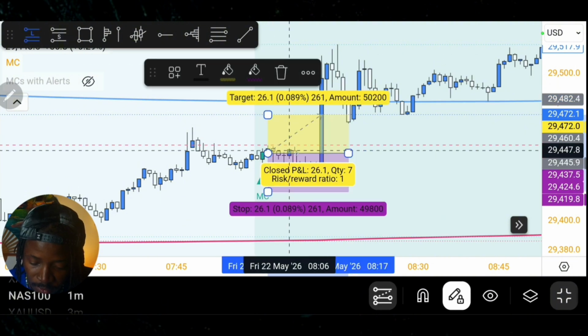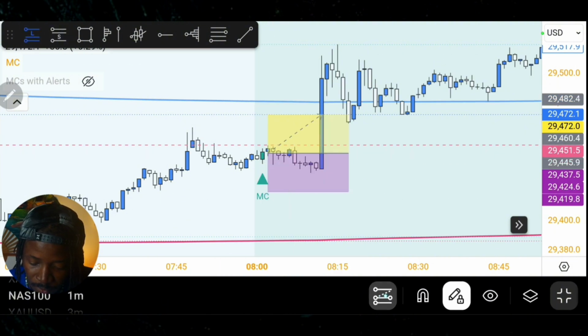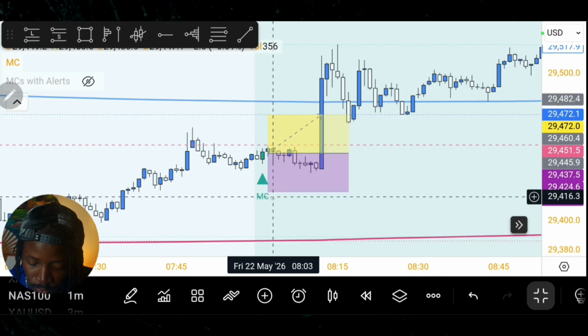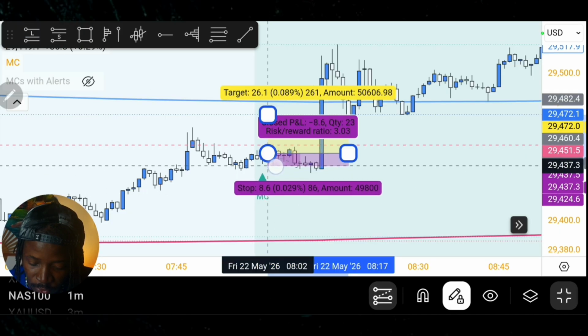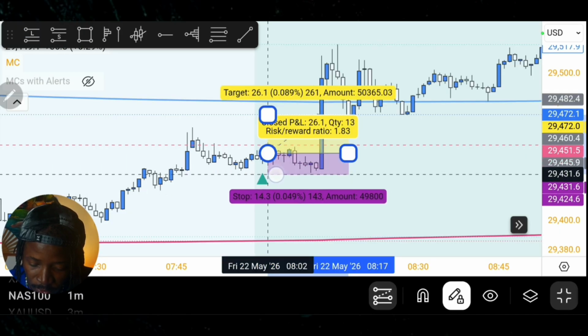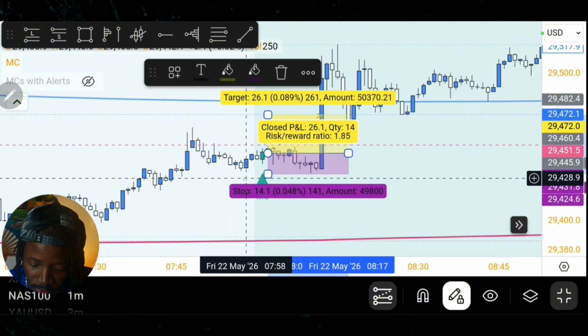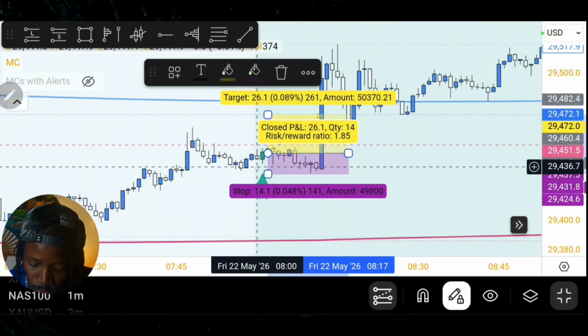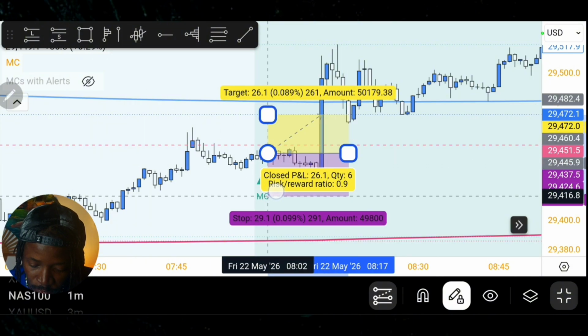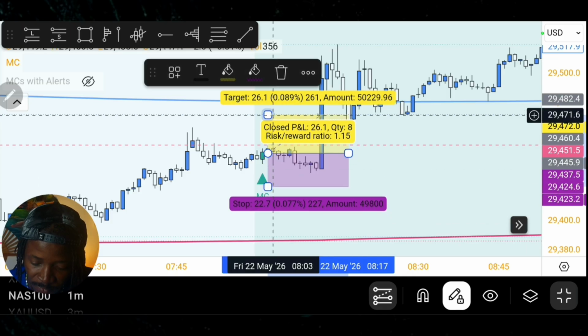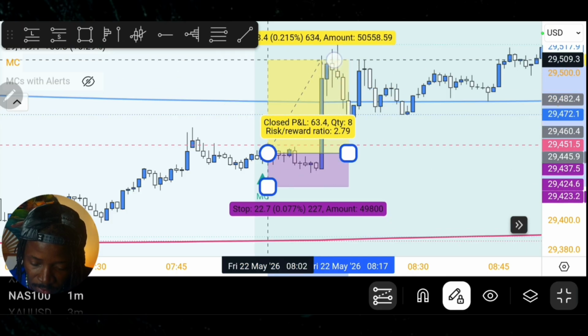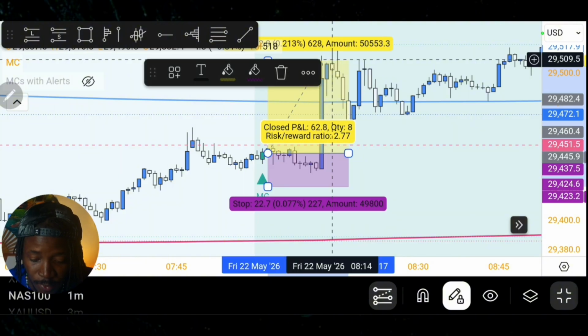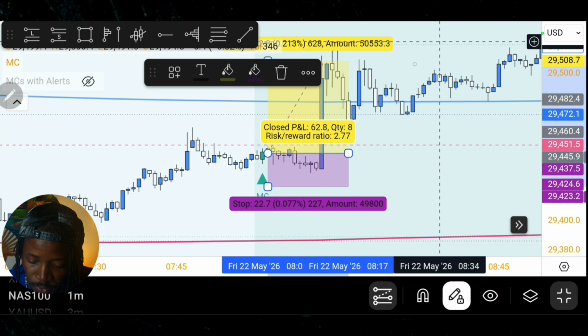If you are taking it here, remember this candle is small, so I will not advise you putting your stop here. You might have just targeted this other low, which was a better low, or you just put your stop underneath this and you would have taken this particular trade. It's not complicated at all, super easy. That would have been a winner.